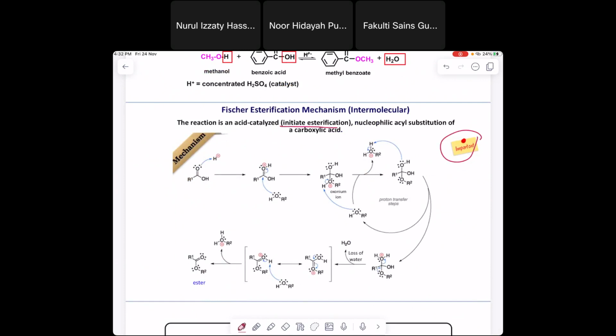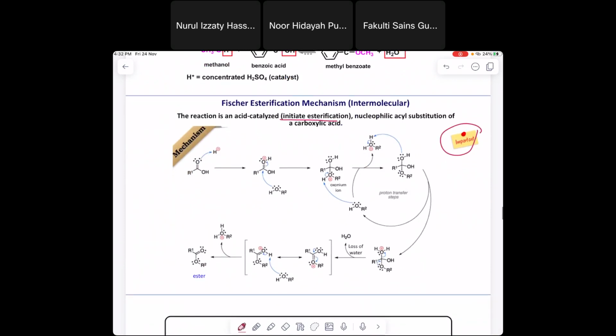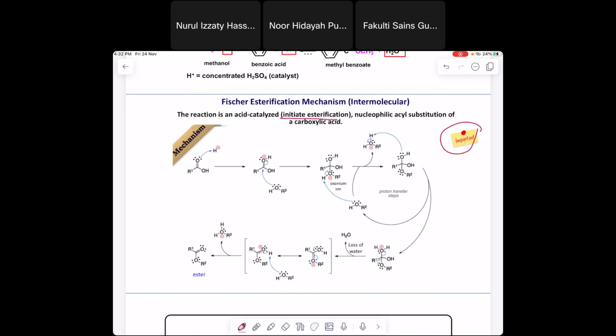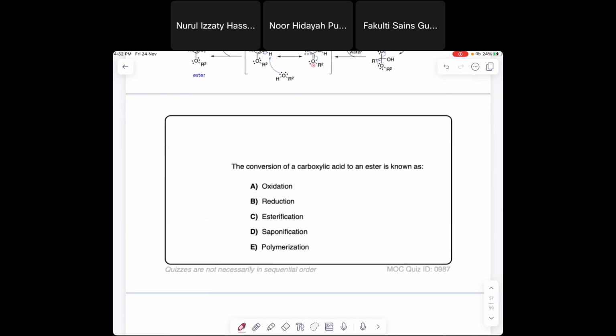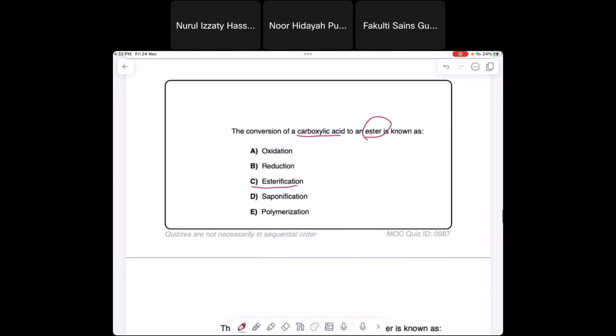I mean, my intention is not to detail out on the mechanism, but this is how the Fischer esterification mechanism goes. If we start from carboxylic acid, you need to use a sulfuric acid to activate the acyl group. So kalau kita kata the conversion of a carboxylic acid to an ester, kita tahu is actually an esterification.